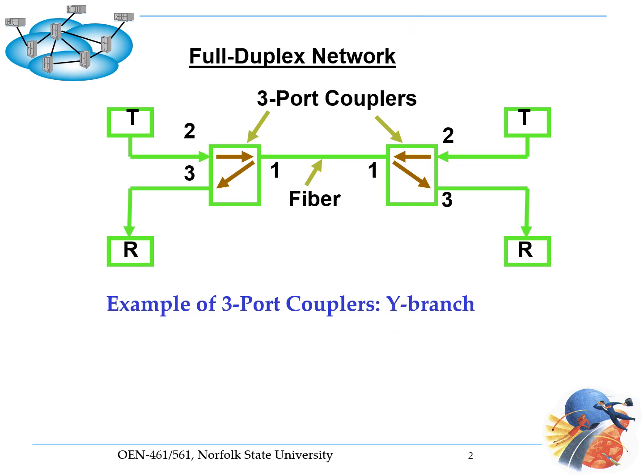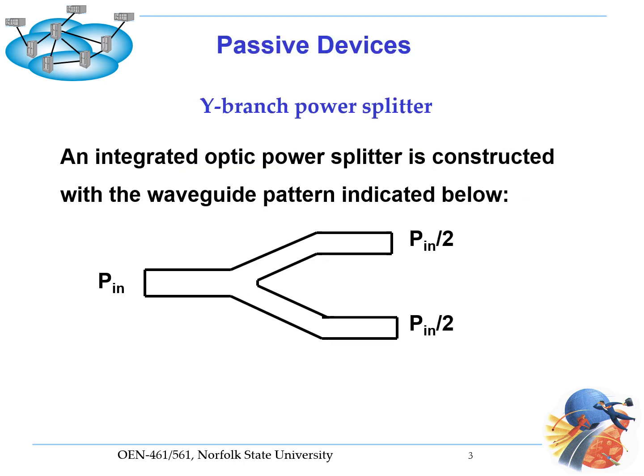And we go to the next slide to see it in more detail. Y couplers, also called Y branch power splitters, are constructed utilizing integrated optics technology, also called planar waveguide technology, by constructing waveguide patterns inside the substrate.